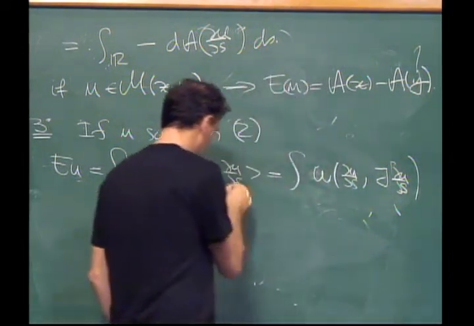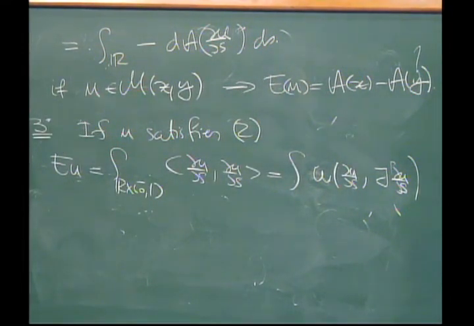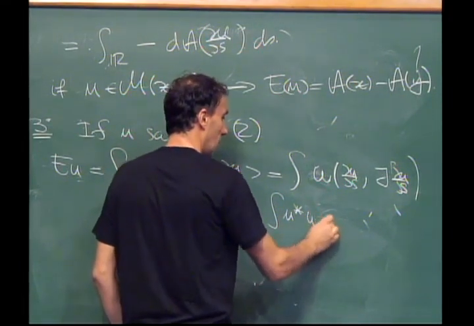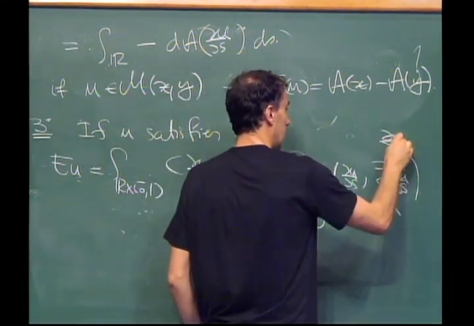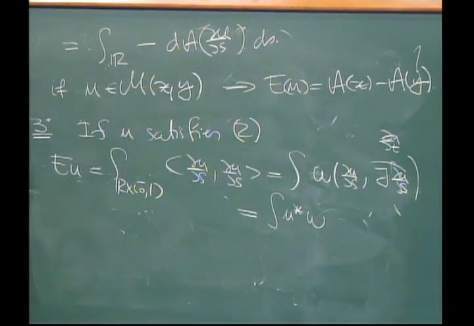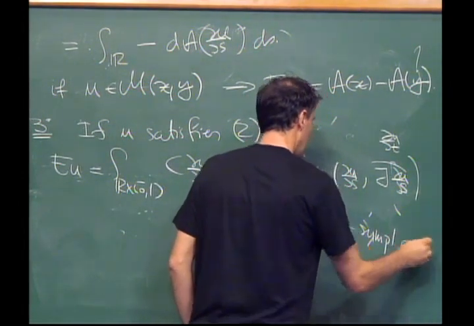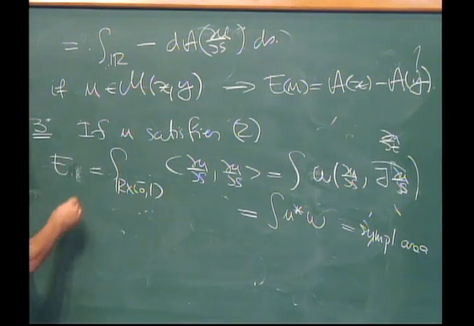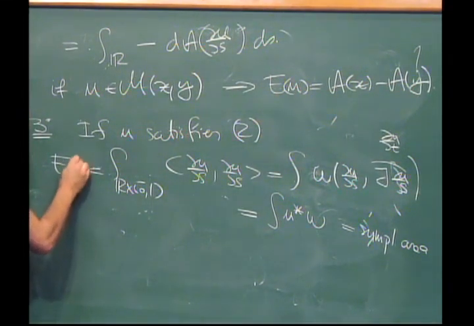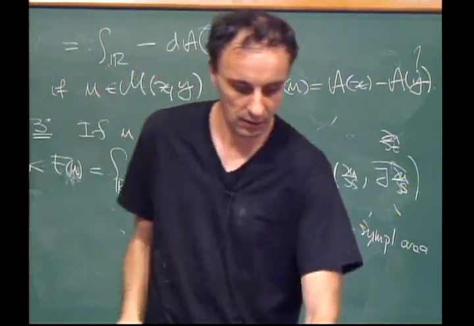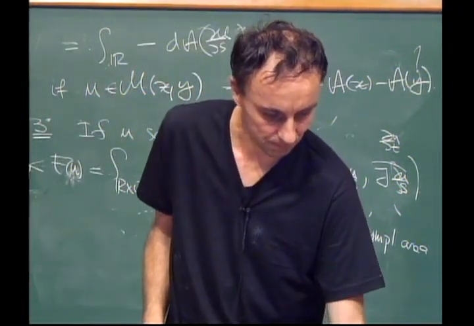Remember that this was the relation of compatibility between ω and the scalar product. And this is exactly the integral of u*ω, because this one is ∂u/∂t. So this is a symplectic area. The symplectic area of a holomorphic curve equals its energy. So in particular, this is positive, and this will be very important in the sequel.